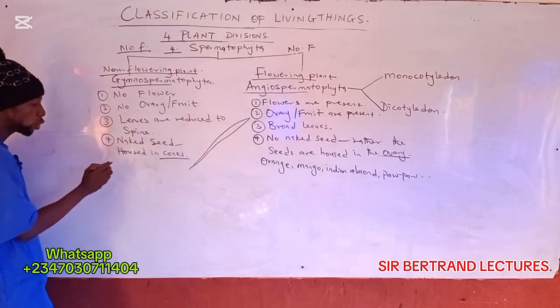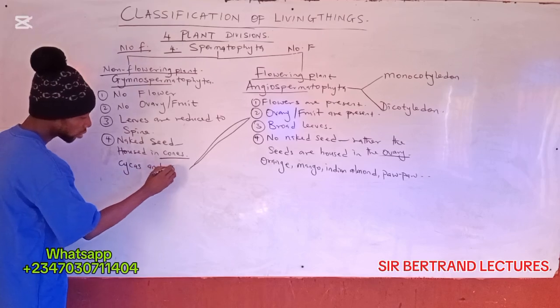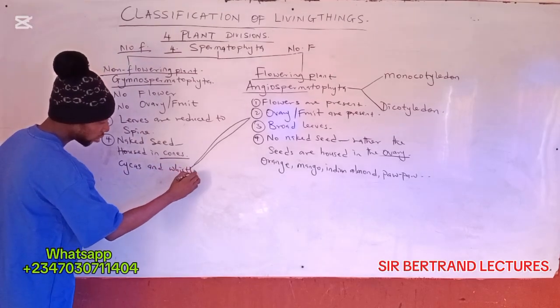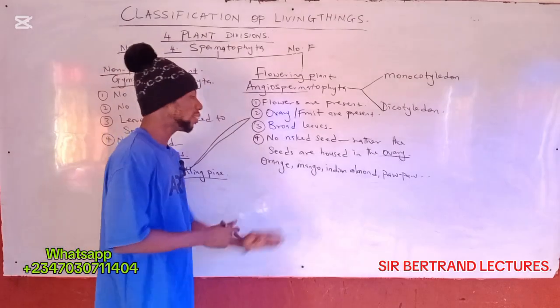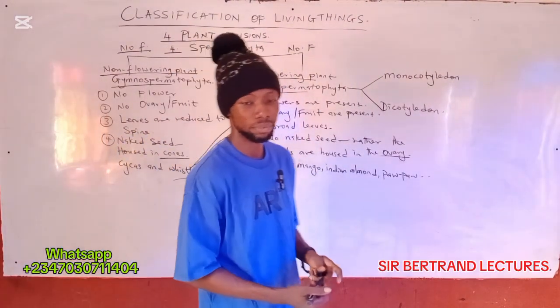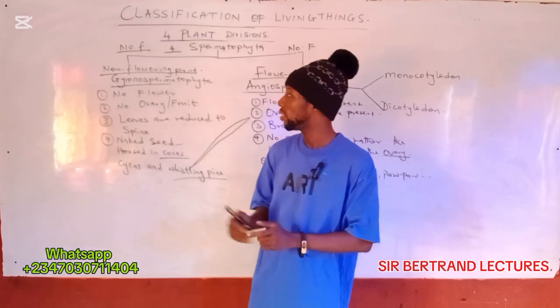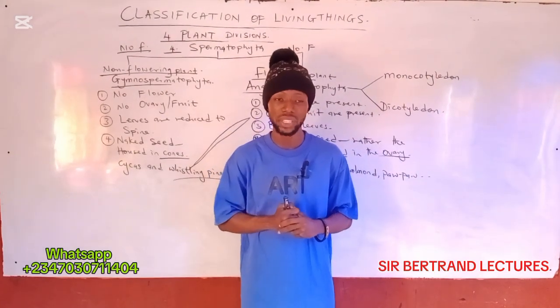Then examples of gymnosperm here are cycas and Westland pine. These are examples of the gymnosperm and angiosperm. Okay, this is all we have for now here on the classification.